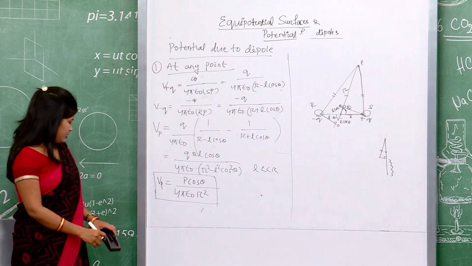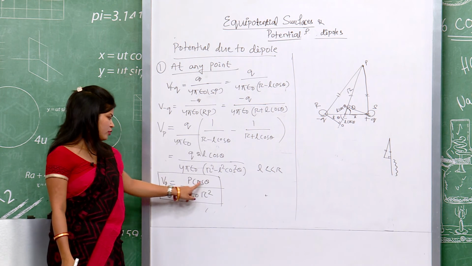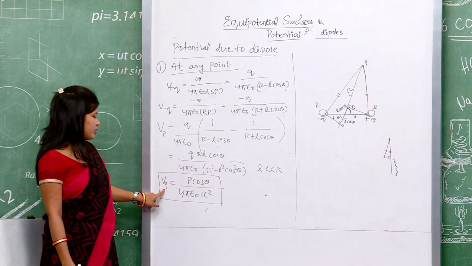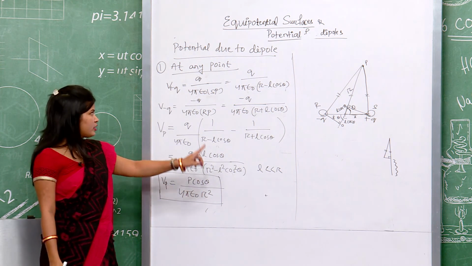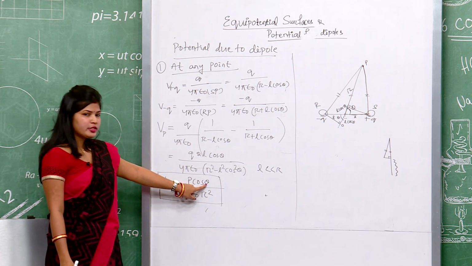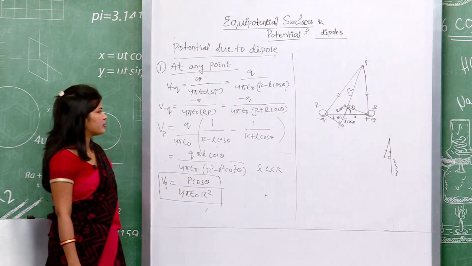Here, on the axial line, theta is equal to 0, so cos 0 is 1. So, potential is P upon 4 pi epsilon naught R square, and on the equatorial line theta is 90, cos 90 is 0, so potential is 0 there.